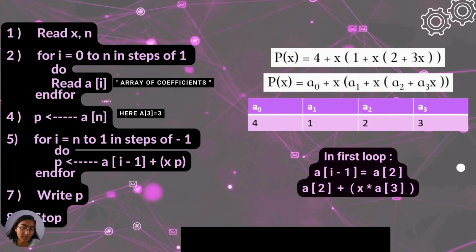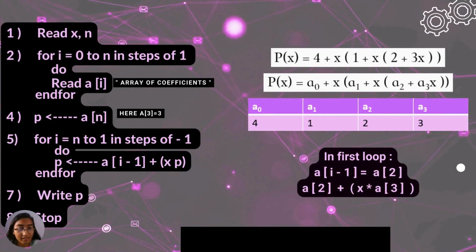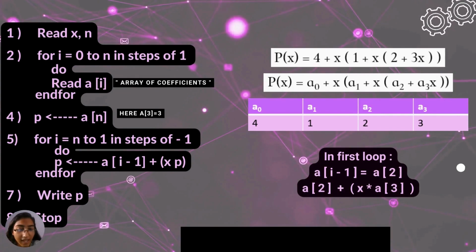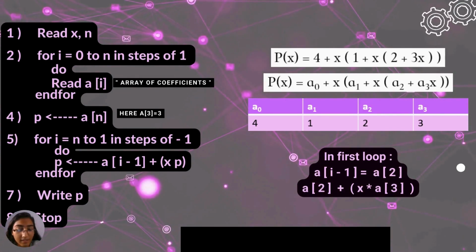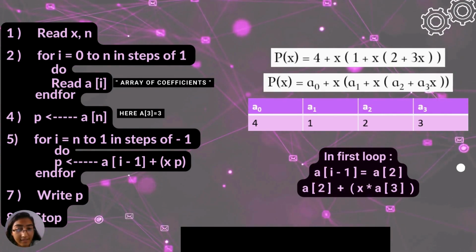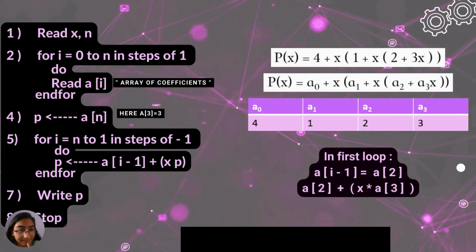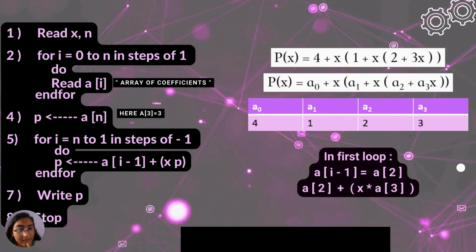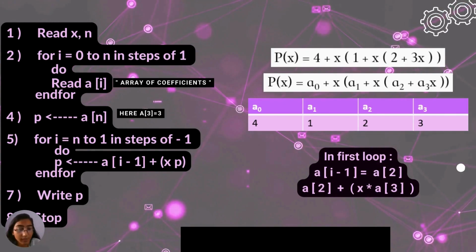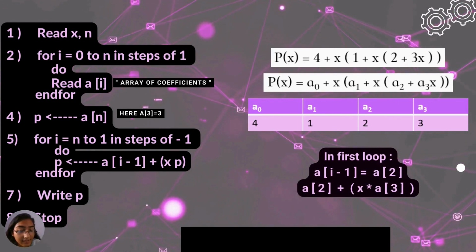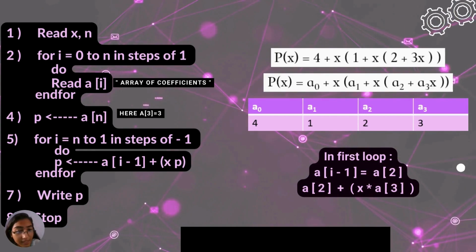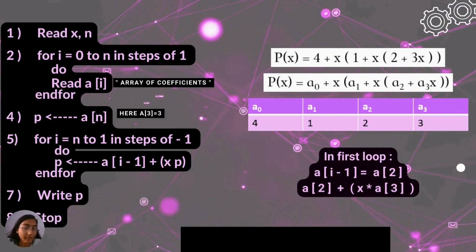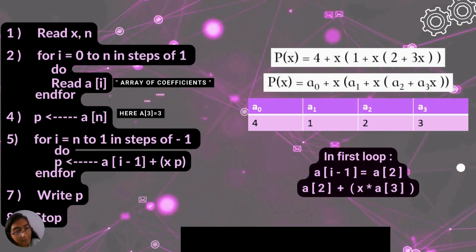In p we will do this expression: a[i-1] plus x into p. In this way we will continue adding in p, and after evaluating we will print p.